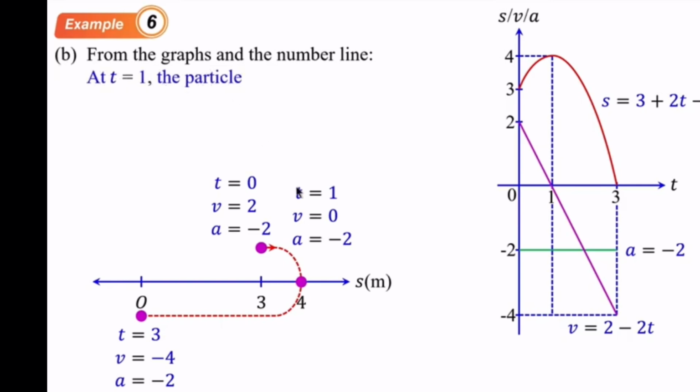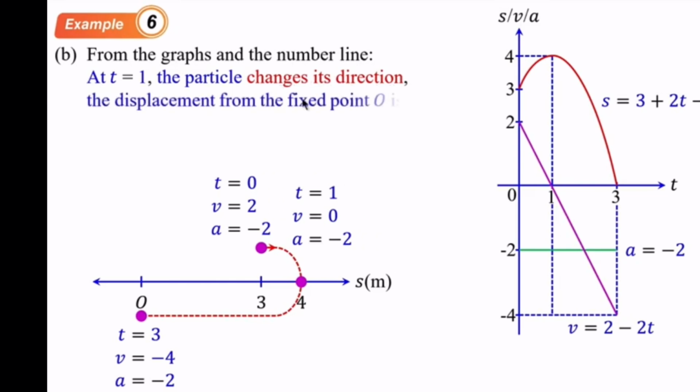So when t equal to 1, just now we have focused on the starting point. Then when t equal to 1, the particle changes the direction. Right? Changes the direction is a very important keyword. At the turning point, okay, the particle changes its direction. It happens when time is 1. At that time, the particle's displacement from the fixed point O is maximum.